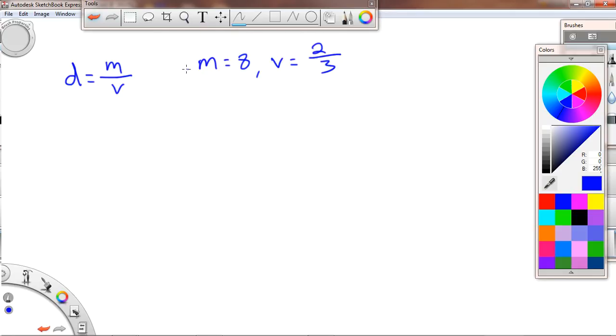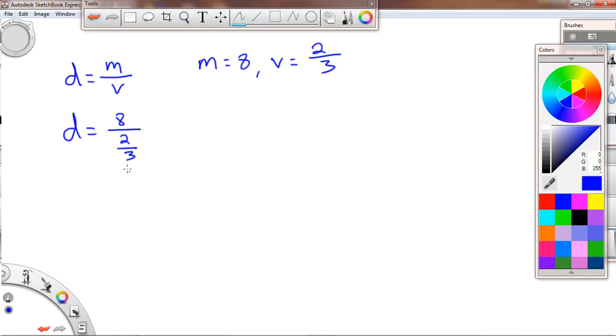Now, we're going to do exactly what we did in the problem before. We're just substituting. So in this problem, D is going to be equal to not m, but 8. And V, I'm going to replace that with 2/3. If you see this and you freak out, don't.